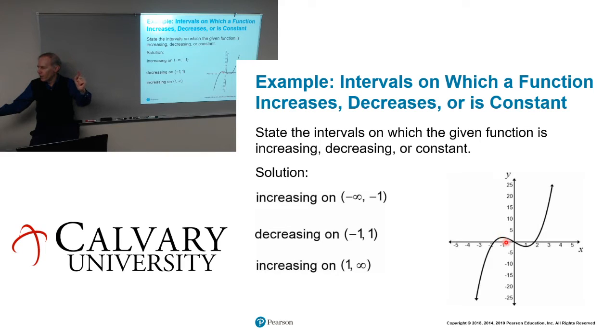Then from -1 to +1, the function is decreasing, and then after +1, the function keeps on going forever and is increasing. So that's the idea of increasing and decreasing.